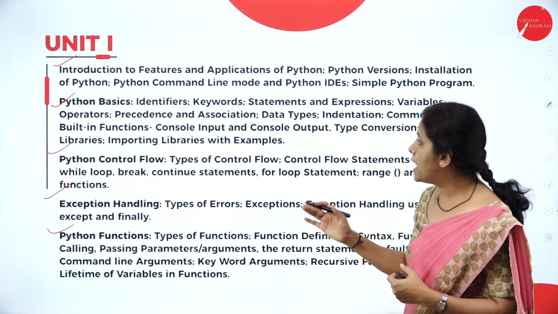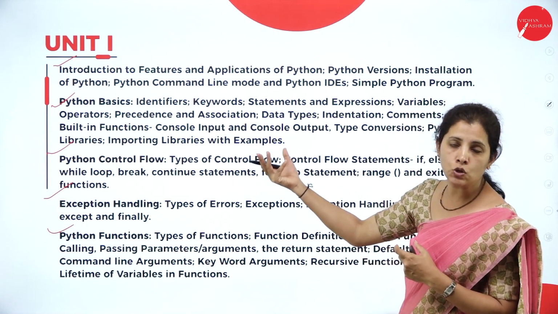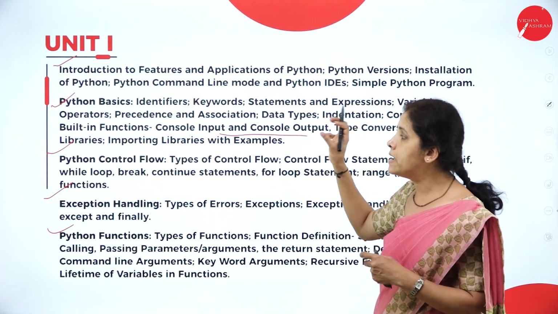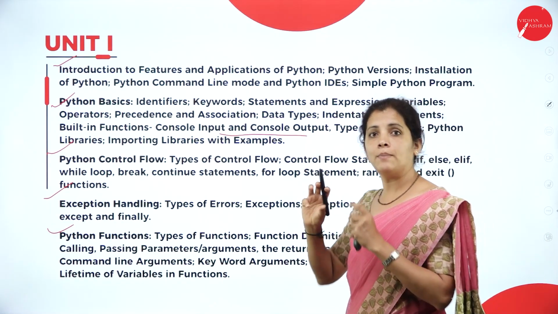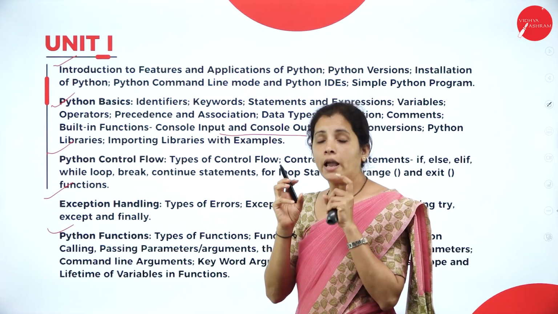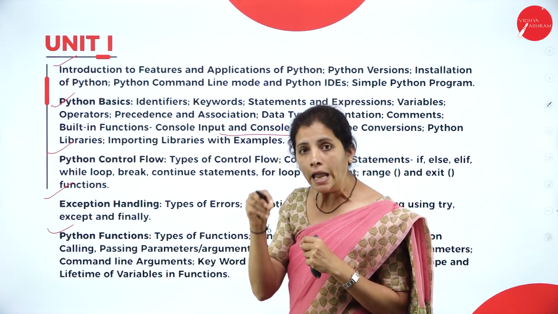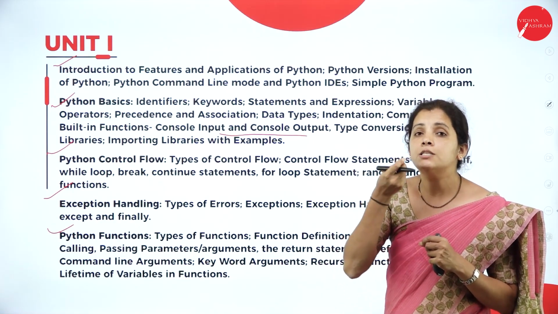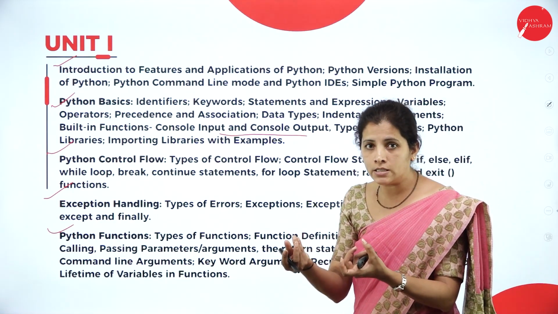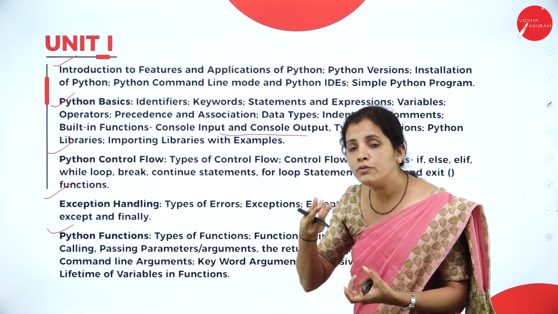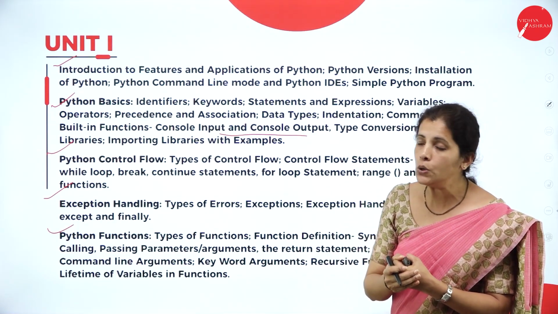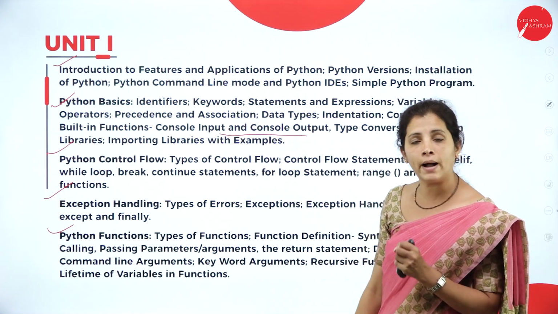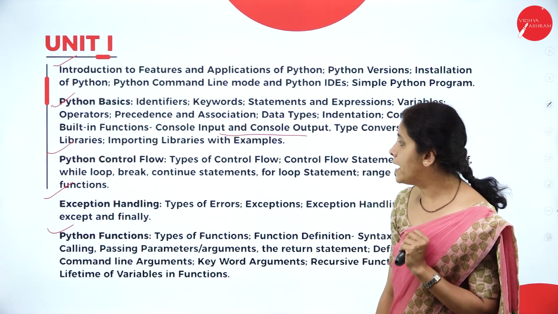At the same time, I must have console input and console output. So in my Python basic concepts, I'm going to learn that if I want to write any program, then I must have the small basic units. And how I'm going to form these small basic units, I'm going to discuss and learn in my Python basics. Okay, fine.